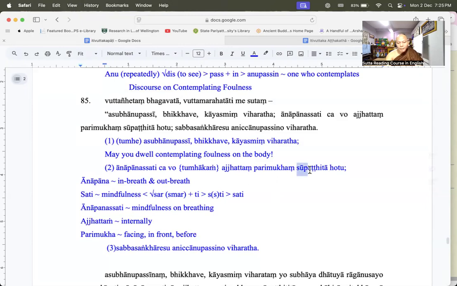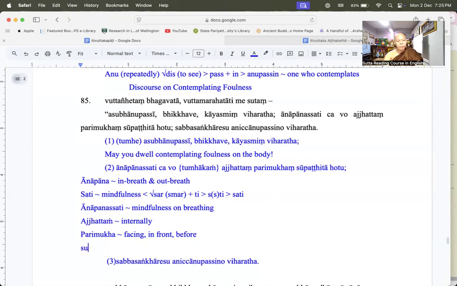And then upaṭṭhita. So upaṭṭhita is upa and the root is ṭhā, past participle.